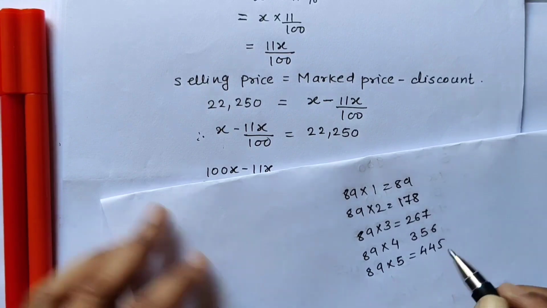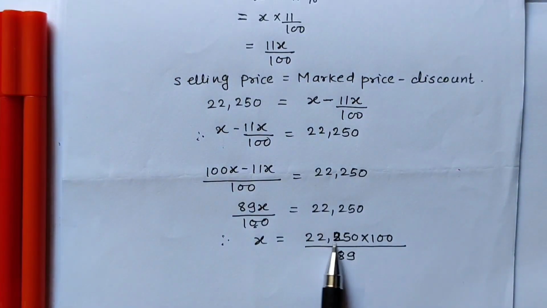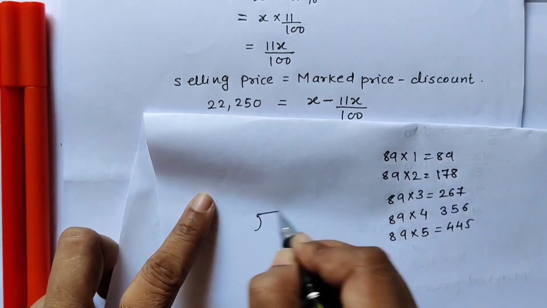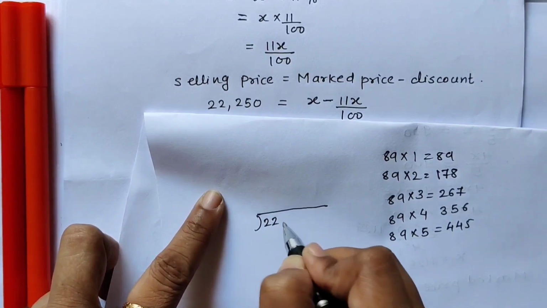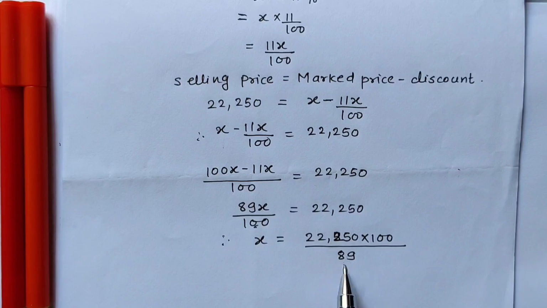I have done the table till fives. Now we have to divide 22,250 by 89. I am going to divide here so it becomes easy to understand: 22,250 divided by 89.